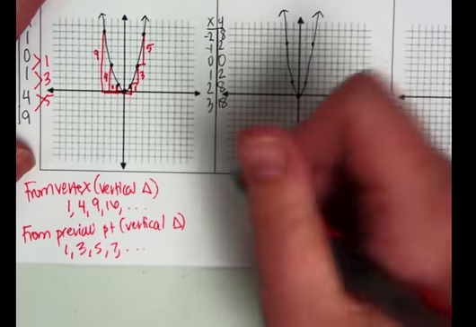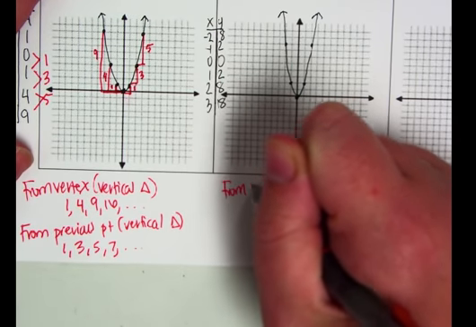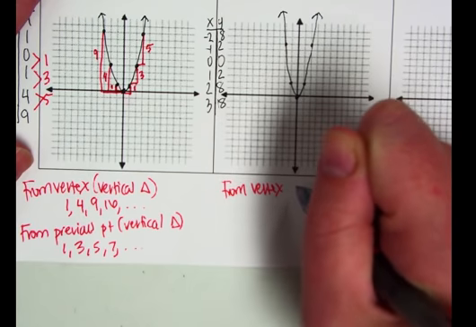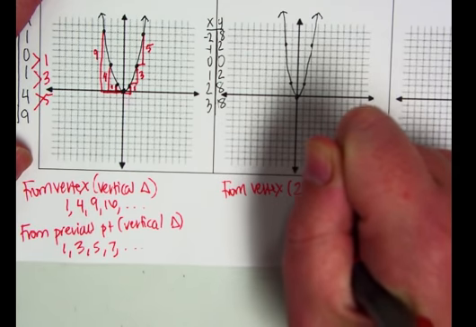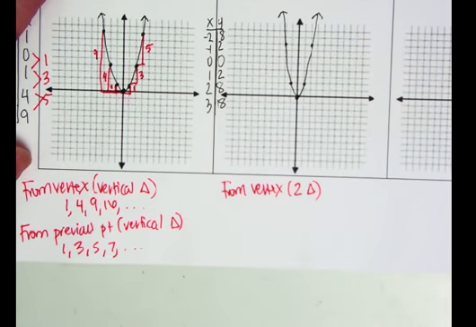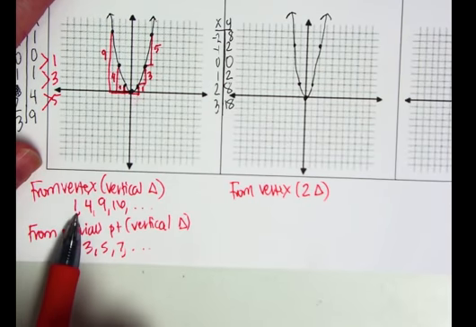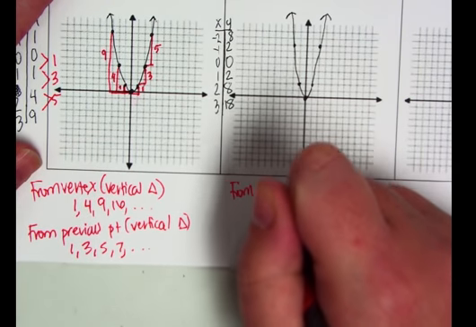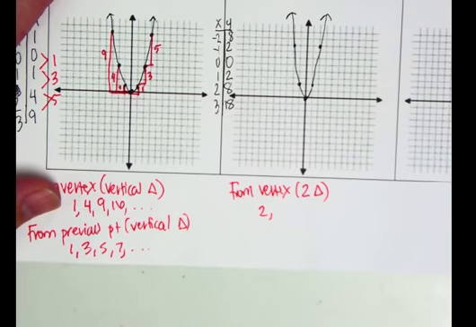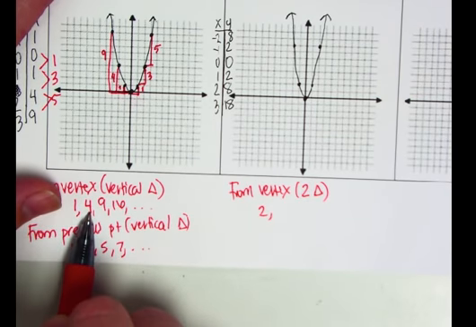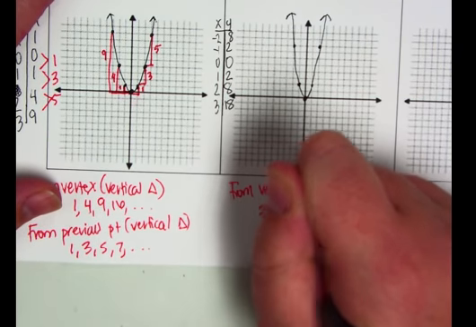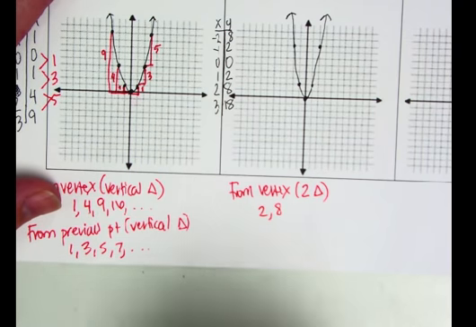Okay. How that relates to our pattern. From your vertex, it's really just where you're going to take 2 times the change. So where originally we went up 1, now we're going to go up 2 times 1. Originally we went up 4, now we'll go up 8, 2 times 4.